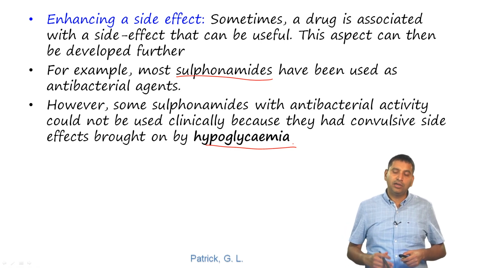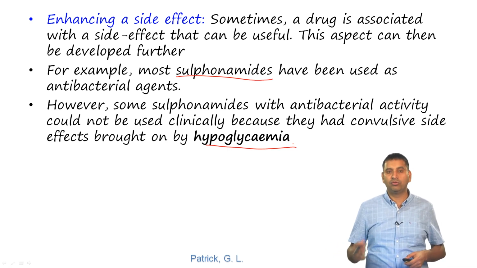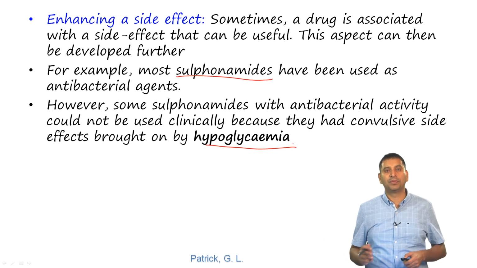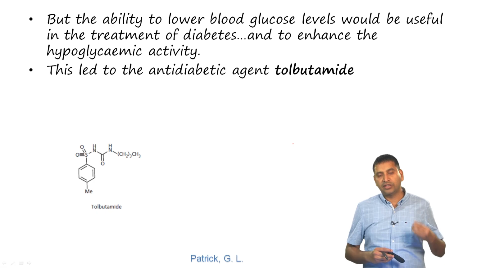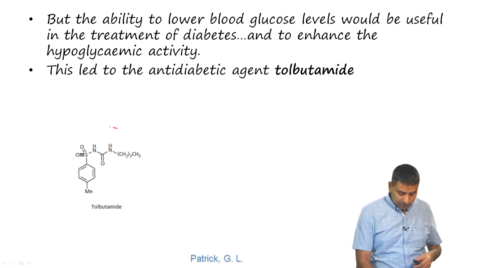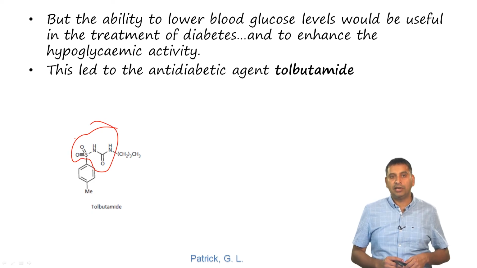If you can enhance this side effect, you may be able to reduce blood sugar levels, and that can be useful as an anti-diabetic compound. And indeed, it works, because you can then start screening for molecules which can do this. Tolbutamide, which is a sulfonamide, is an anti-diabetic agent which has been developed in this process.